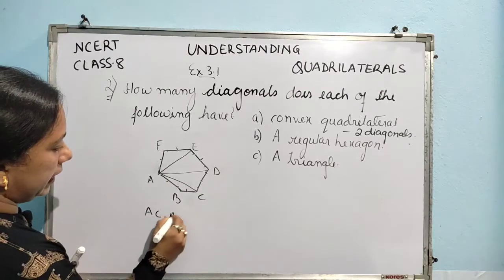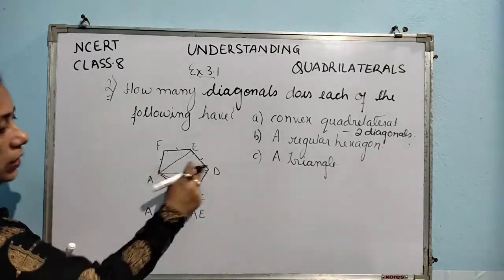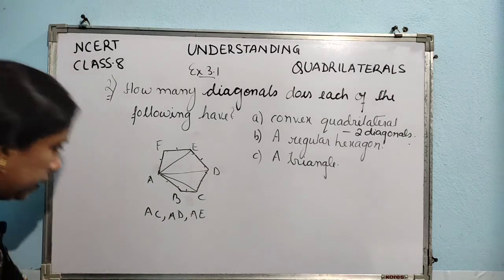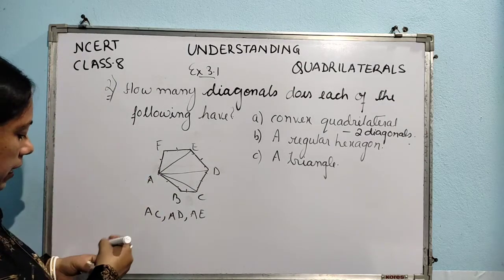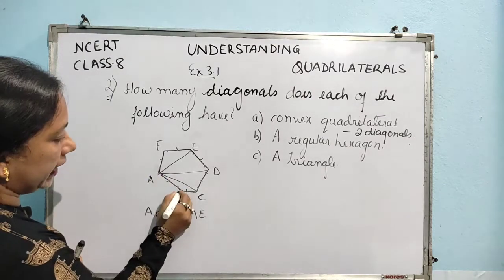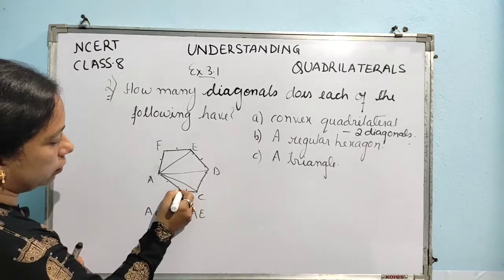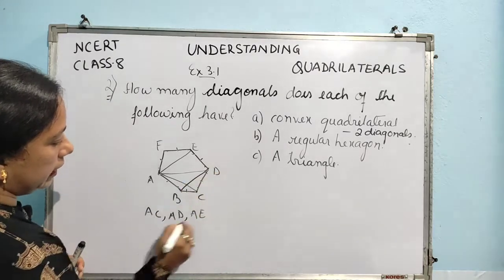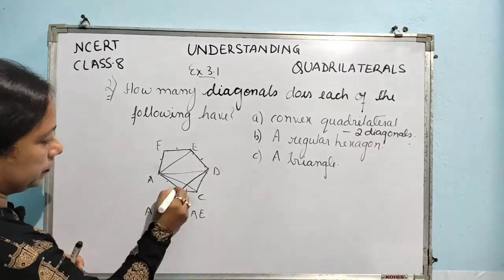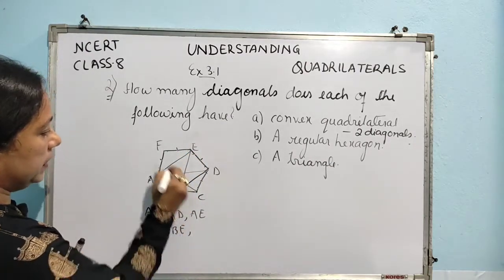AC, AD and AE. We have drawn 3 diagonals from the vertex A. Now coming to vertex B. A and C will be the consecutive vertices. So I will be joining all the non-consecutive vertices. BD is there, BE is there, BF is there.